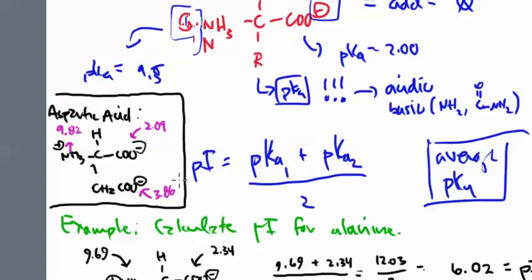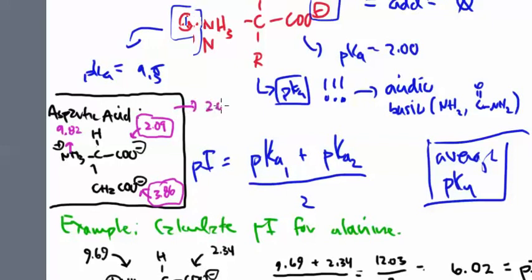You only consider 2 points, and that is it. So you look at these 2 points and you take the ones that are closest in value. So that means 2.09 and 3.86 are closer together than this 9.82. 3.86 and 9.82, they're really far apart from each other. 9.82 and 2.09, they're even further apart from each other. So you take your two closest values, and that is what you average.